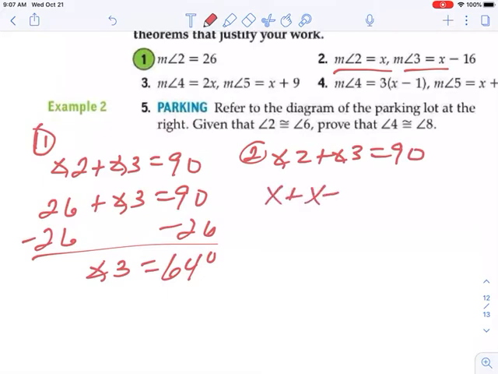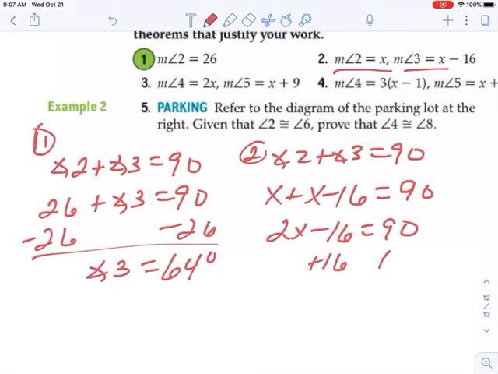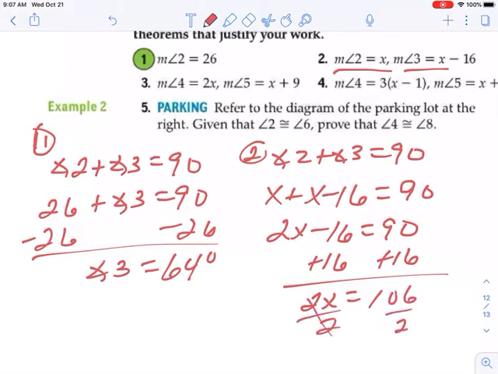Angle 3 is x minus 16. So x plus x minus 16 equals 90. 2x minus 16 equals 90. We're going to add 16 to both sides. 2x equals 106, and divide by 2. x is 53.